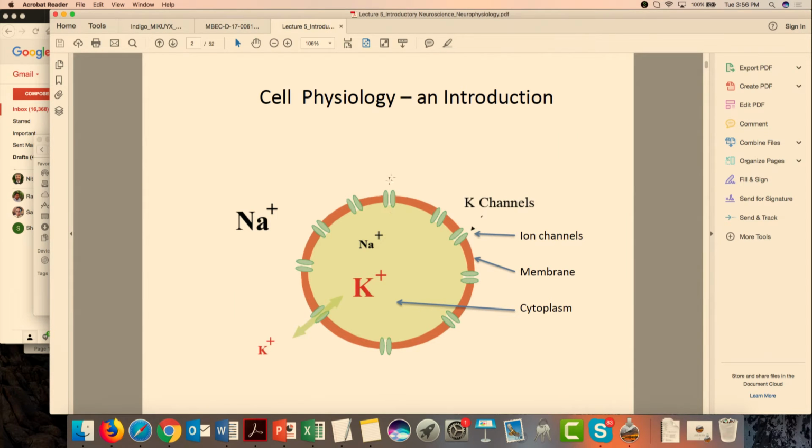How does it happen? The basic idea is that the cell is, like I've told you, a bag of salt solution. That's the simplest way to think about it, except it's got these little channels, some proteins, that allow ions to go in and out. And when these ions go in and out, they change potential.